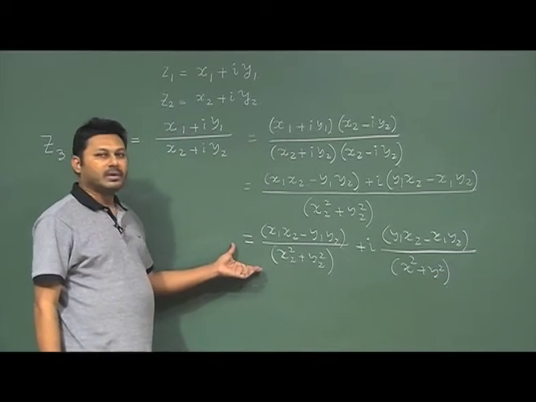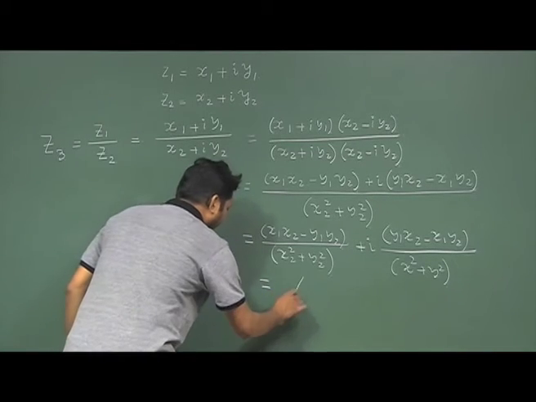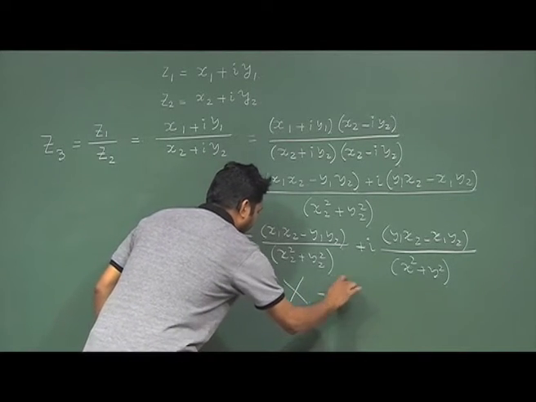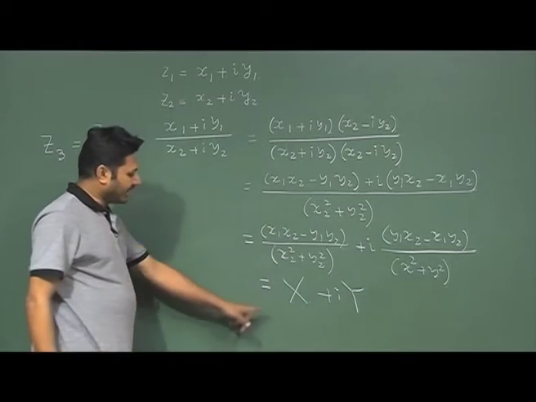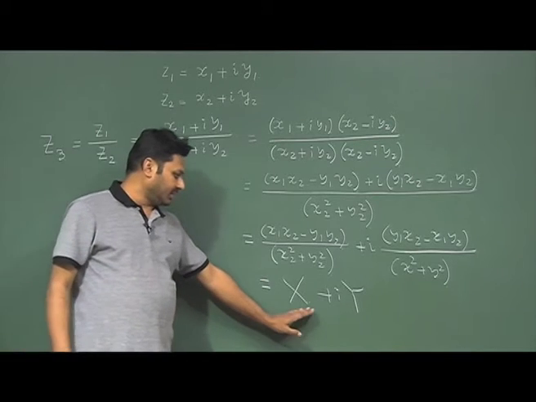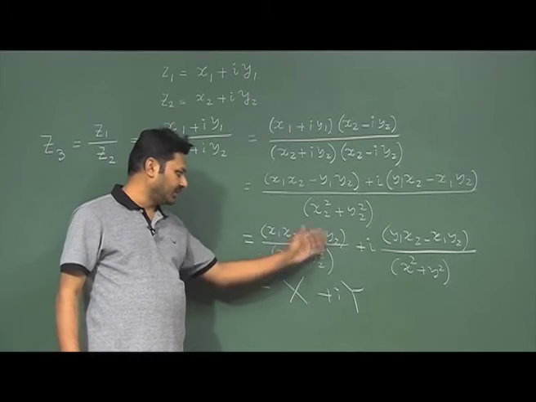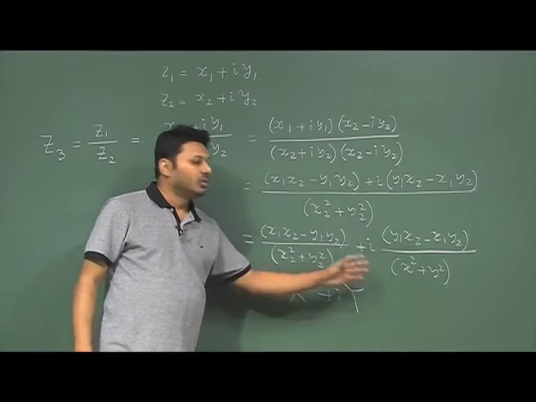This is the general form, and I can write these in the form of big X plus I big Y, where X and Y are related to x1, x2, y1, y2 with these relations.